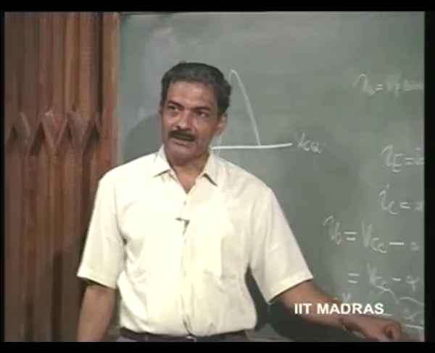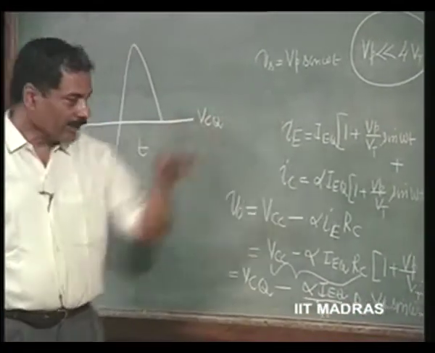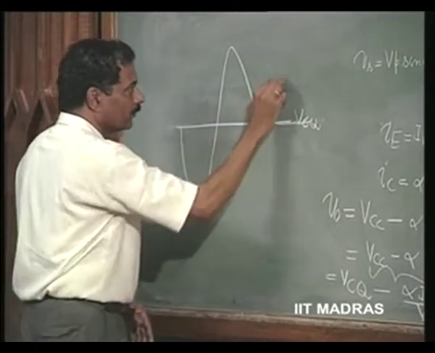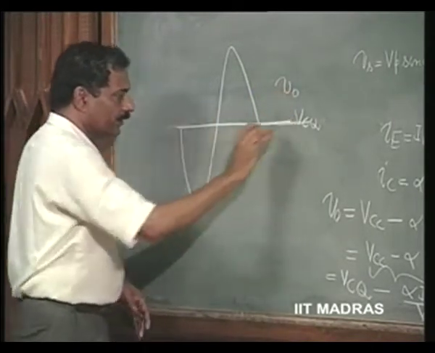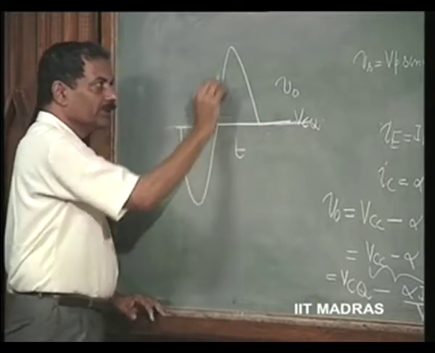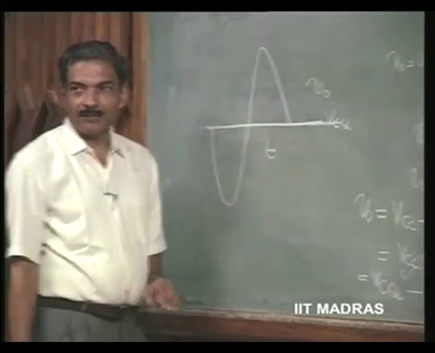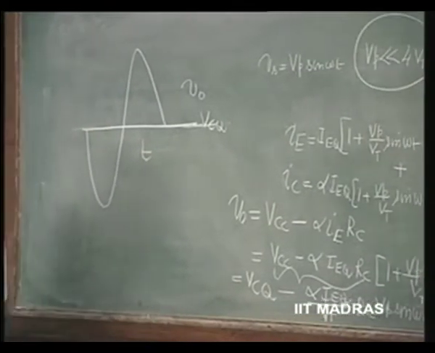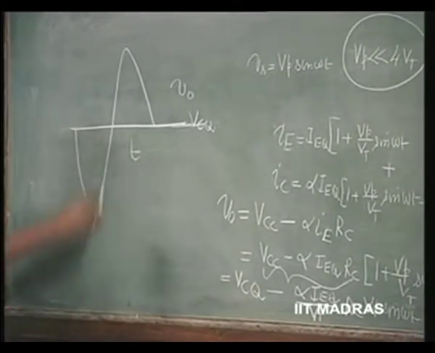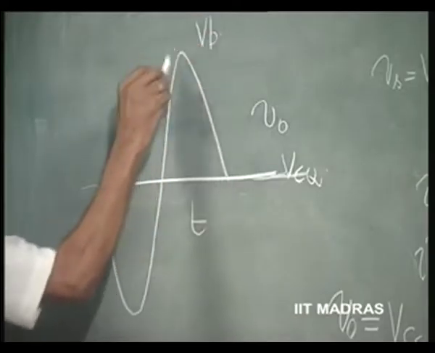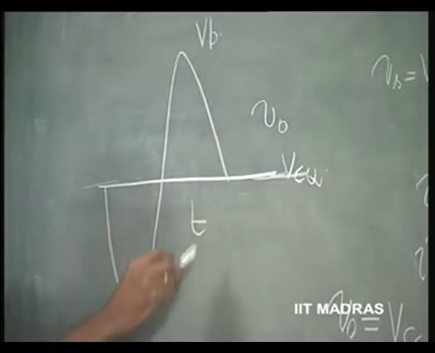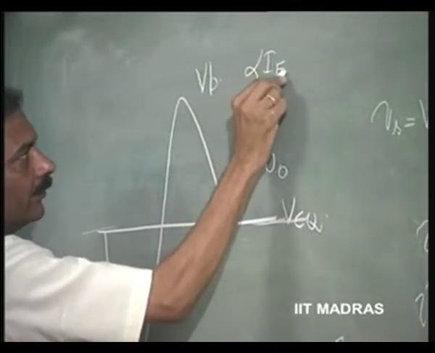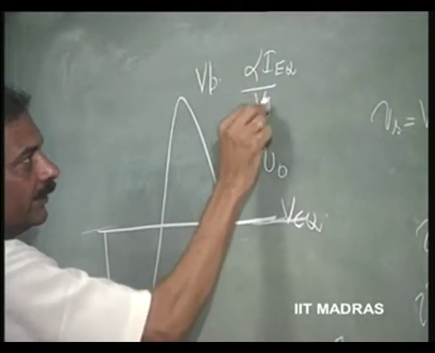VCQ minus, that is the significance of minus. Around VCQ, the quiescent voltage of the output, because of the input this is what is going to happen, and the extent to which it is going to be amplified, Vp is its peak. Now, it is Vp into alpha IEQ by Vt into RC.